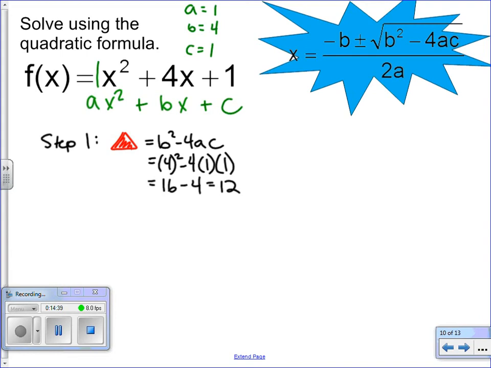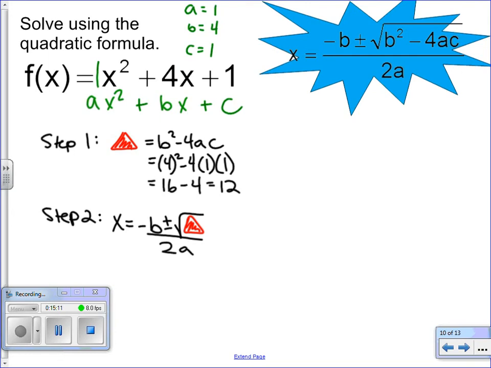And then I'm going to do step 2, which is to actually plug into the quadratic formula, which is x equals negative b plus or minus the square root of our discriminant, and we'll use our symbol there, red triangle, divided by 2a. And so to finish this second step, I really need to pull out what's the opposite of b, plug in for a, and then I can just put 12 in where the discriminant is.